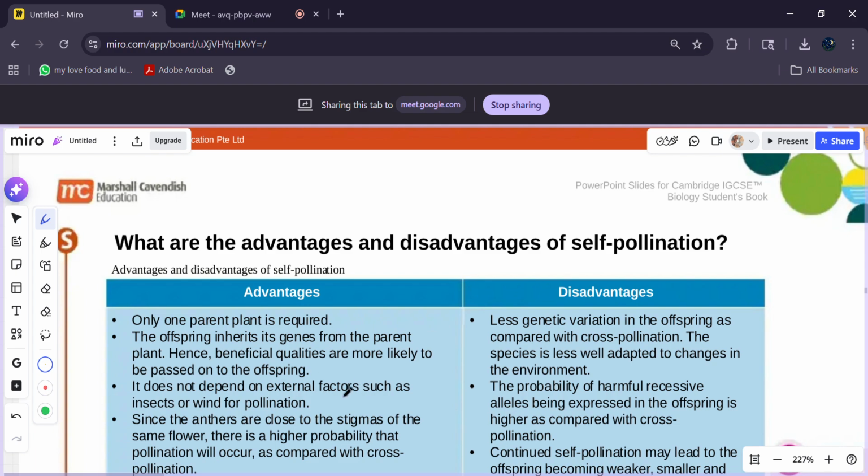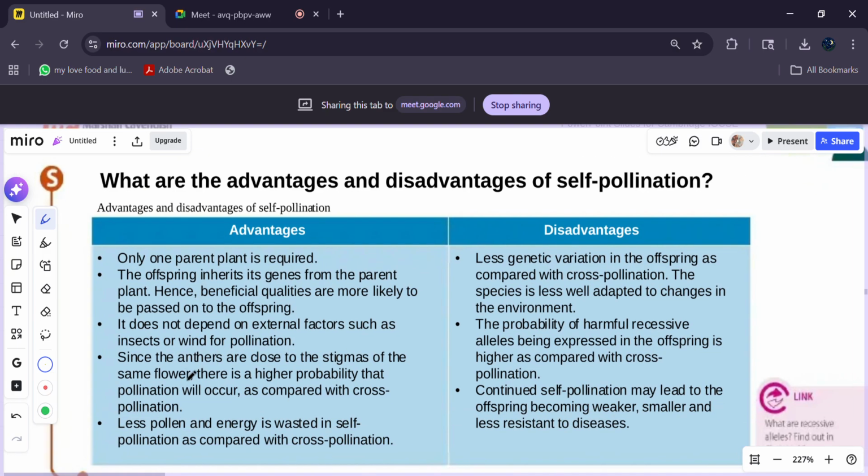It does not depend on external factors such as insects or wind, and since the anthers are close to the stigma of the same flower, there is a higher probability that pollination will occur as compared with cross-pollination. Less pollen and energy is wasted in self-pollination than in cross-pollination.